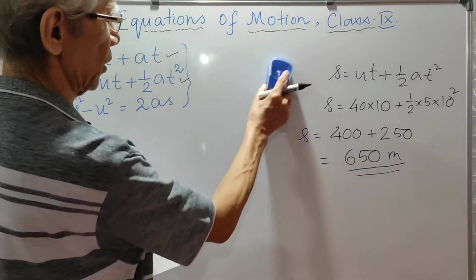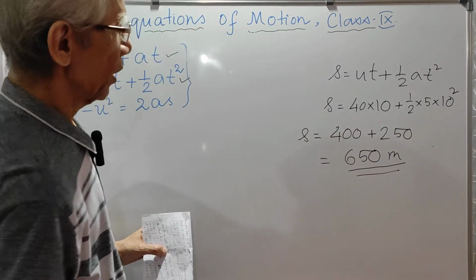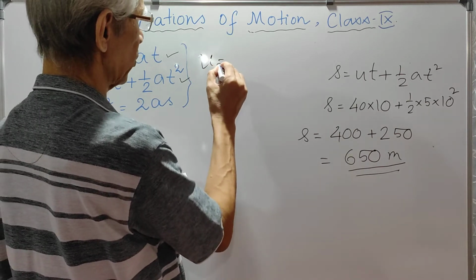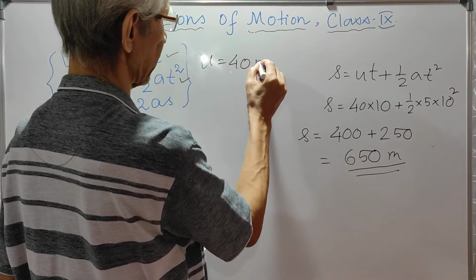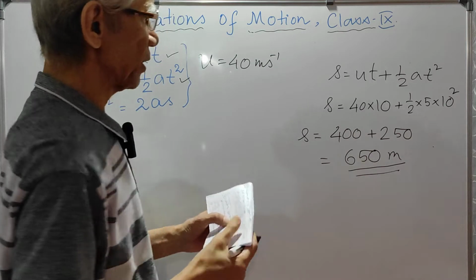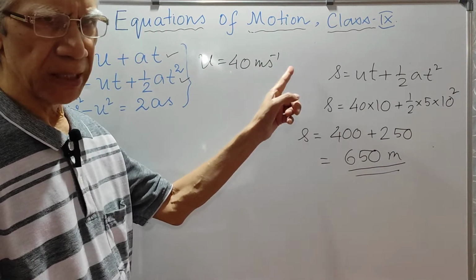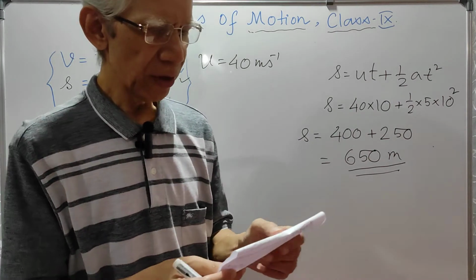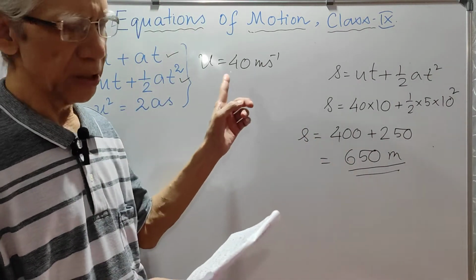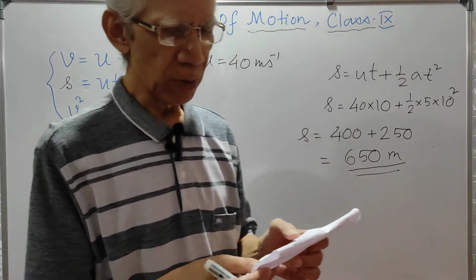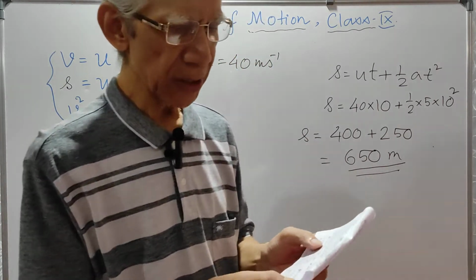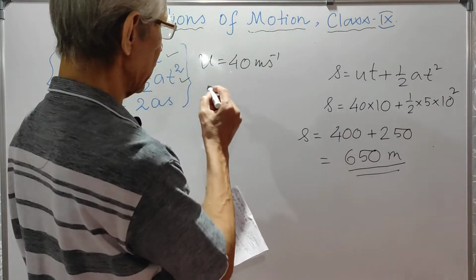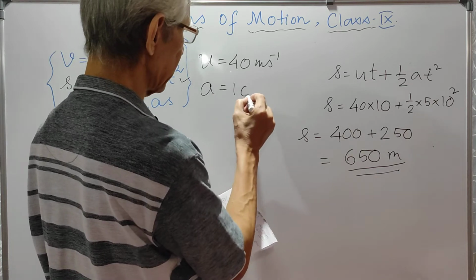So that is u, u equal to 40 meter per second. Meter per second, we can write this way also, ms to the power minus 1, isn't it? It acquires an acceleration of 10 meter per second square. So a is equal to 10 meter per second square.